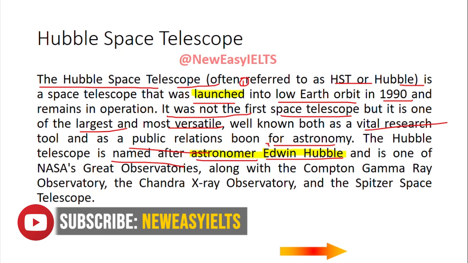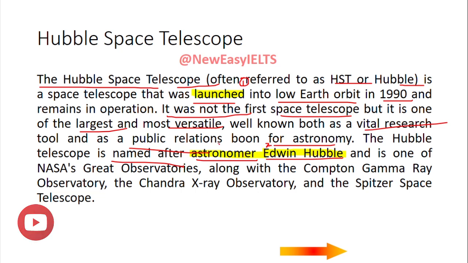So Edwin Hubble is our second answer, and astronomer comes at the back, at last. So the name is taken from Edwin Hubble, who was astronomer. This way, if you write astronomer first and name after, then your answer is wrong.